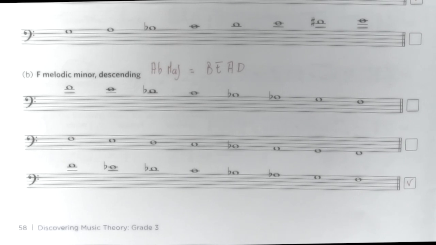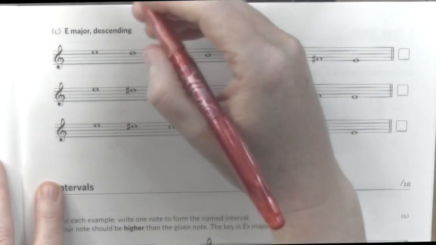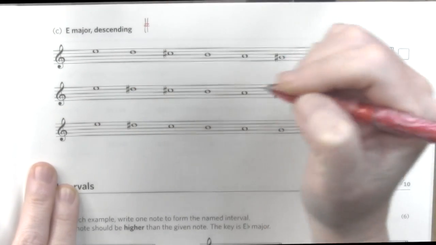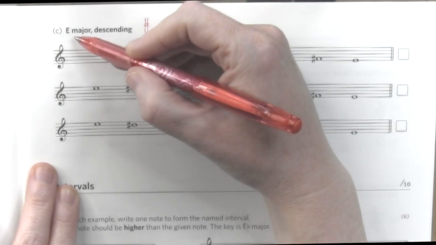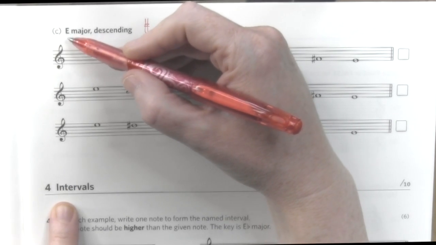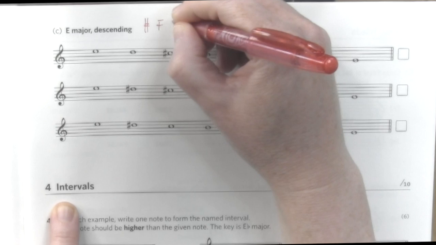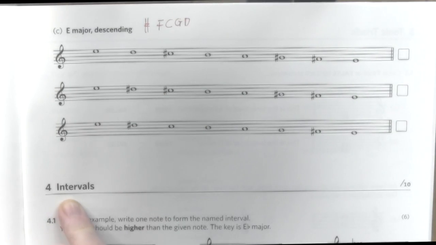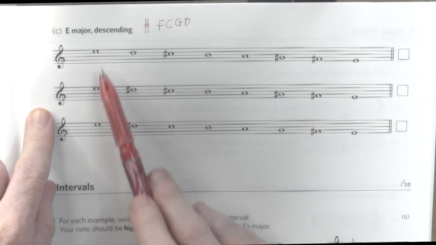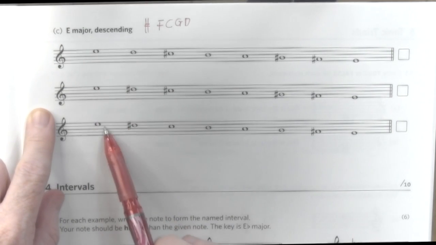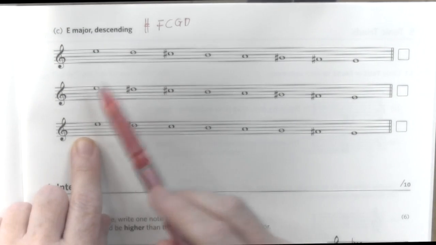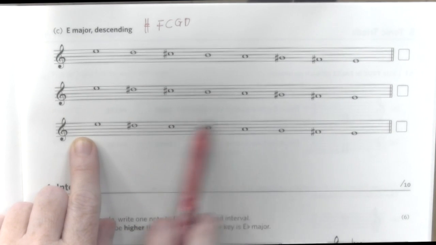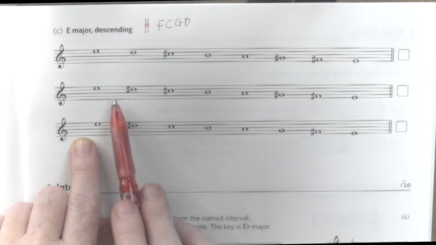The last example of this exercise is on the other page. Let's turn it together. E major. Oh, finally we have a major scale. E major has 4 sharps, and then E minus 1 semitone is D. D is our last sharp in the key signature. Fun, coloring, gigantic drawings, D. All of these starting notes are E, so they could be all correct, but there are some differences between the scales. So let's have a look.